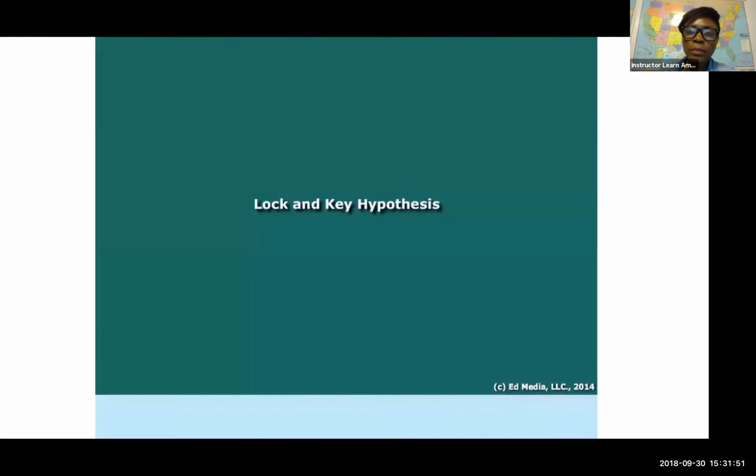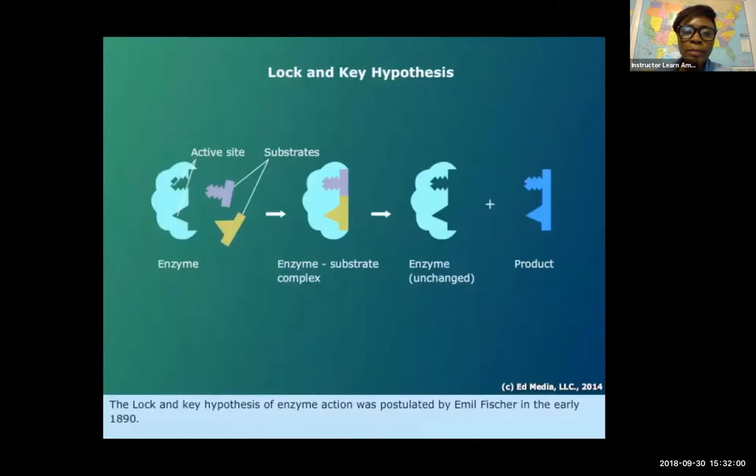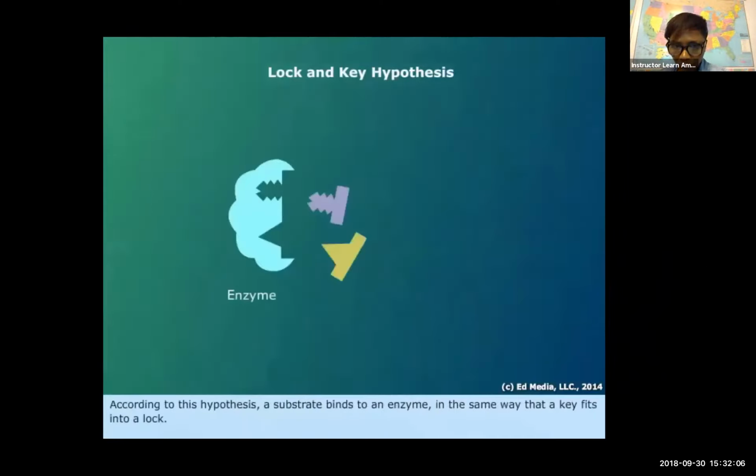All right. And so that connection that was just carried out is referred to as a lock and key. The hypothesis of enzyme action was postulated by Emil Fischer in the early 1890s. According to this hypothesis, a substrate binds to an enzyme in the same way that a key fits into a lock.